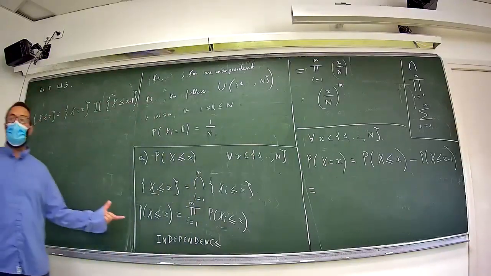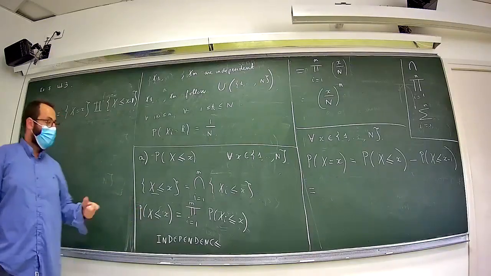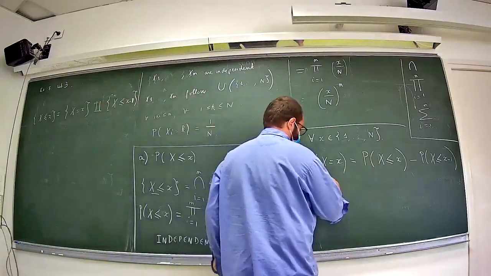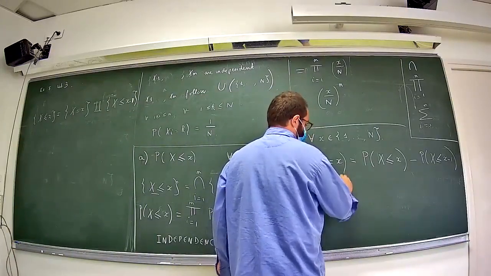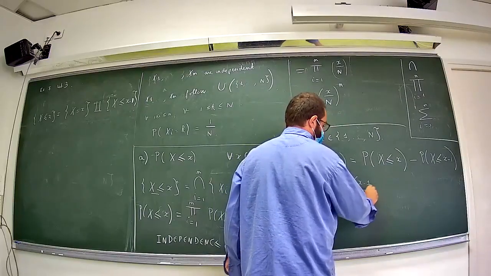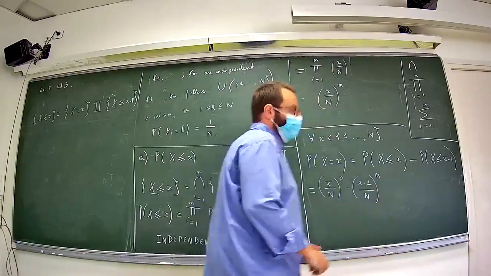And now I just have to plug in what I have obtained. So it is (x over n) to the power n, minus ((x minus 1) over n) to the power n.